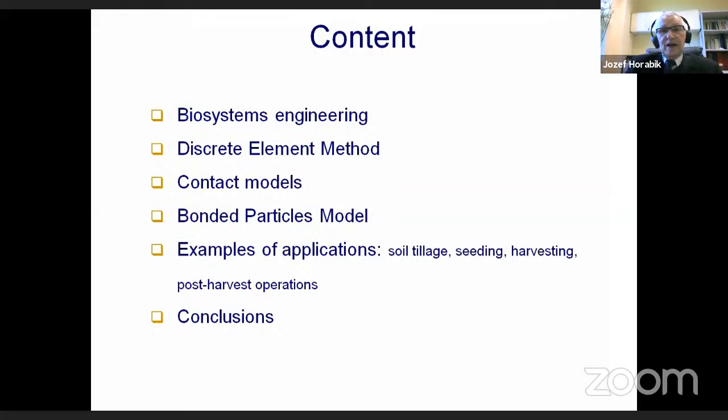Generally, the elastic, viscous, and frictional interactions are necessary to be incorporated. Elastic and viscous in normal direction, in tangent, the friction should be introduced, and in case of the rolling movement, also the rolling friction should be introduced.